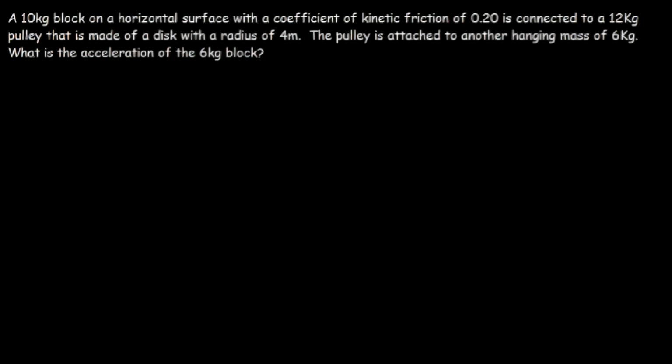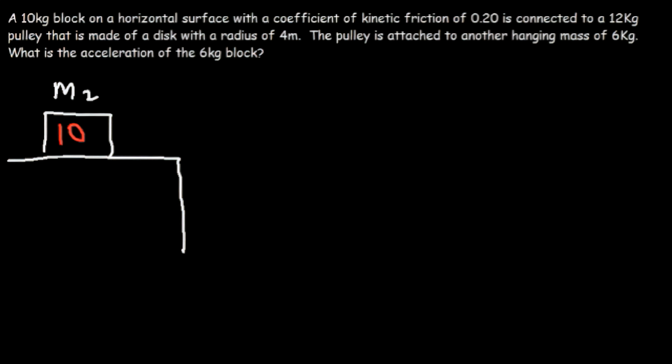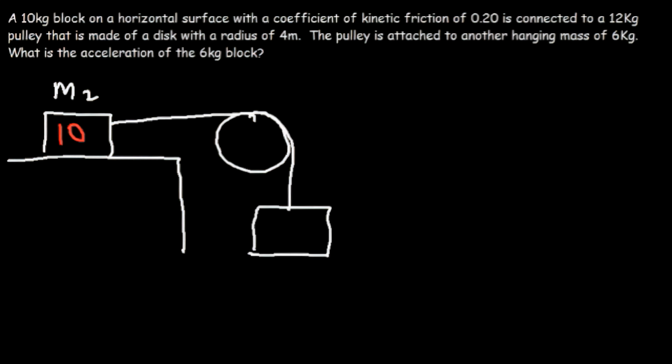Okay, let's try this problem. So we have a 10 kilogram block on a horizontal surface. Let's call it M2. And it's attached to a pulley, which is attached to a hanging mass of 6 kilograms, which we'll call M1.